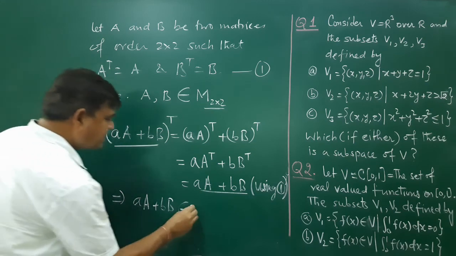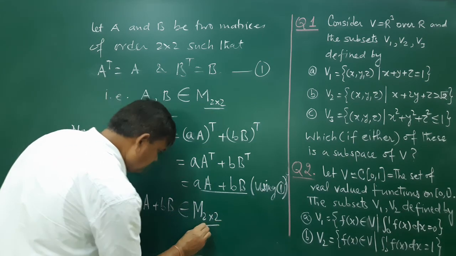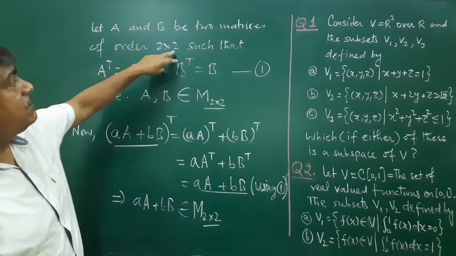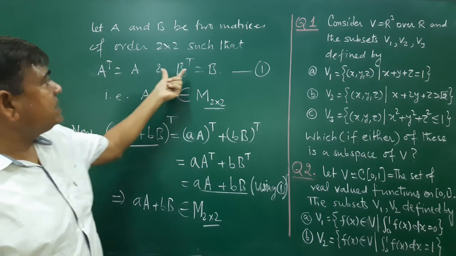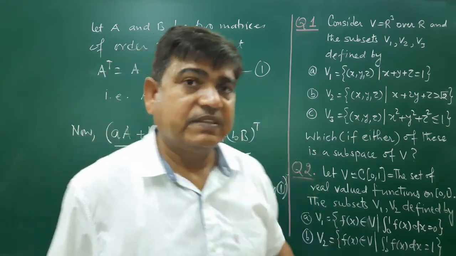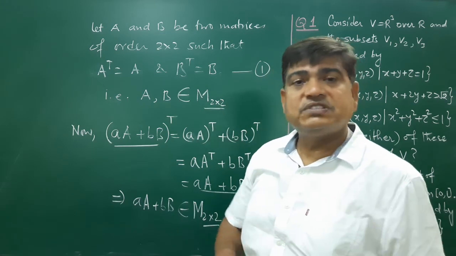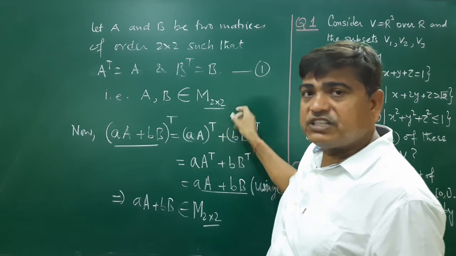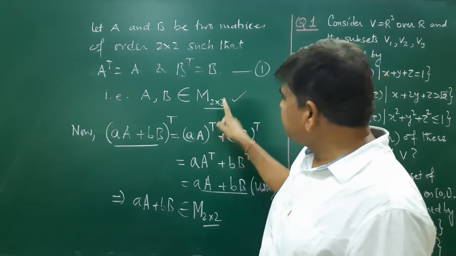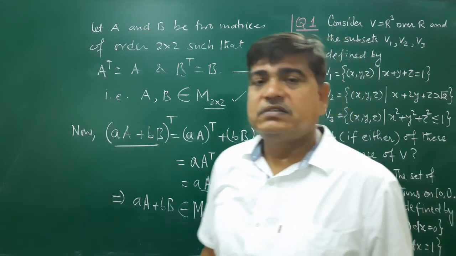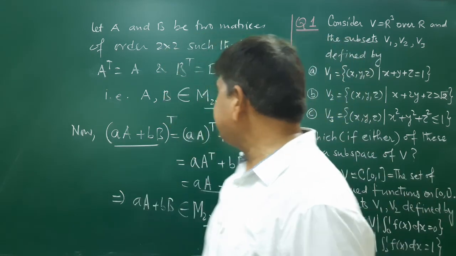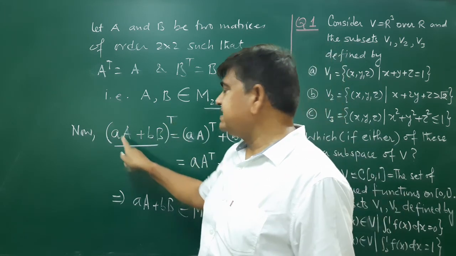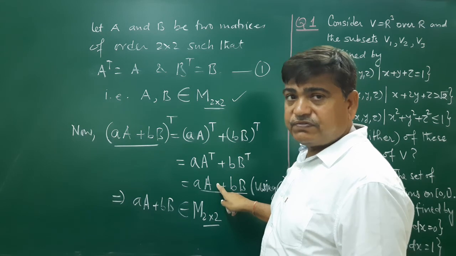I repeat: A and B are two matrices of order 2 by 2 such that transpose of A equals A and transpose of B equals B. That means A and B are two symmetric matrices of order 2 by 2, so they are members of this set. We have to prove this is a subspace of the set of matrices of order n by n. So we begin with this and try to prove that the transpose of this particular part is equal to the matrix itself.